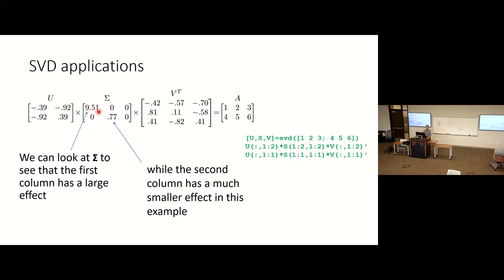You will see this is much larger compared to this 0.7. So what that means is you can use only the first component to reconstruct the matrix without losing a lot of information, because the second component only contributes 0.7 in terms of strength.